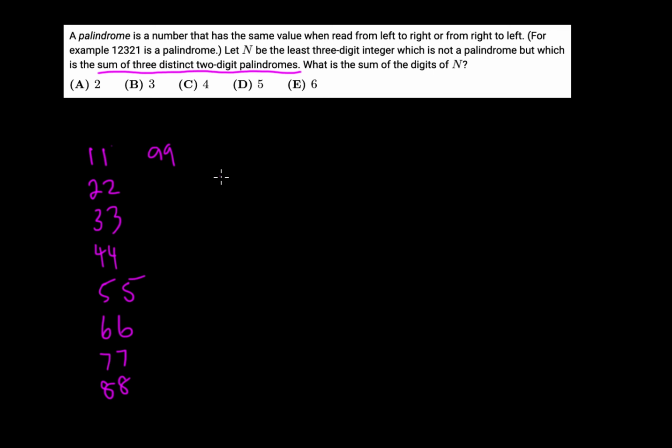So a multiple of 11 is really x times 11, where x is a whole number. So then it would be x times 11 plus y times 11 plus z times 11.